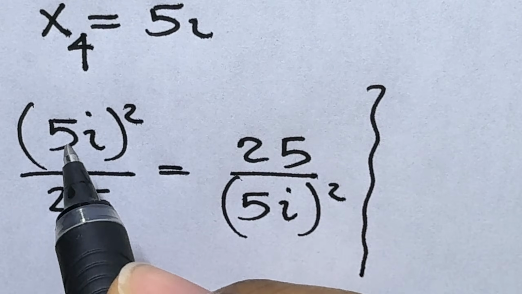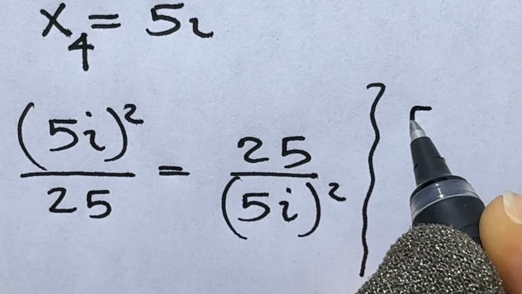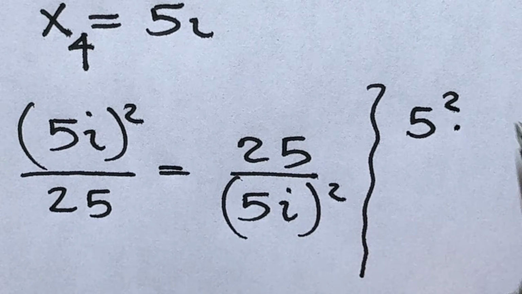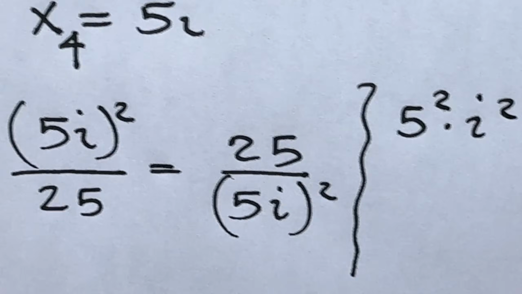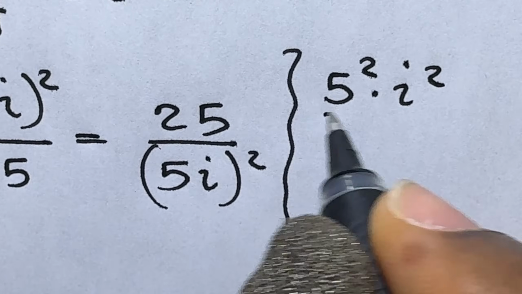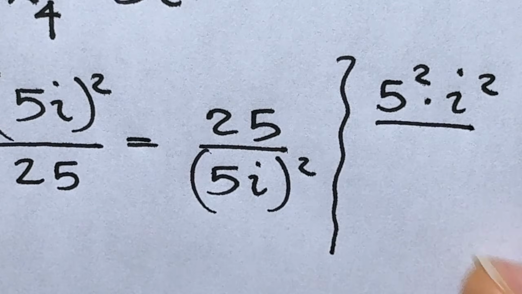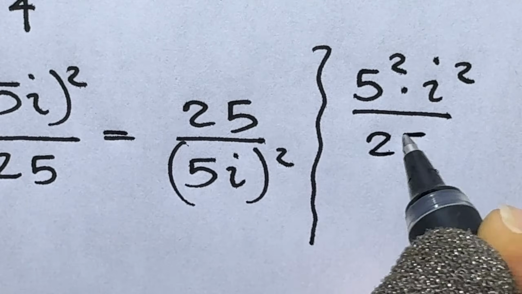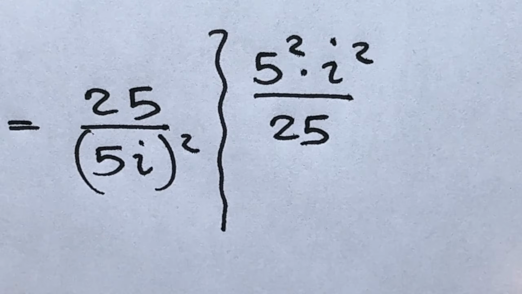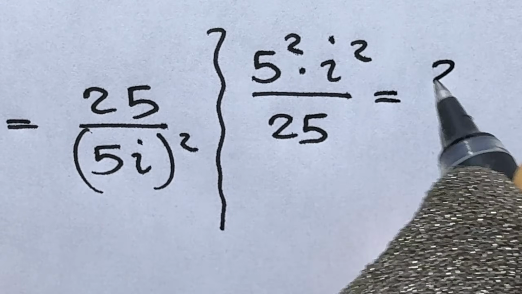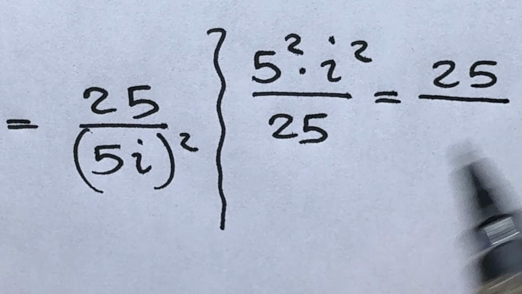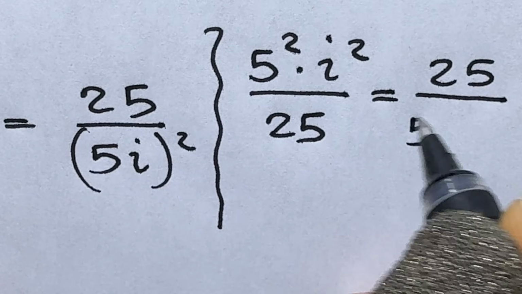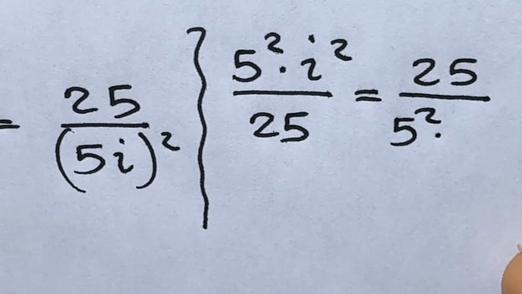So this is 5 squared times i squared divided by 25 is equal to 25 divided by 5 squared times i squared.